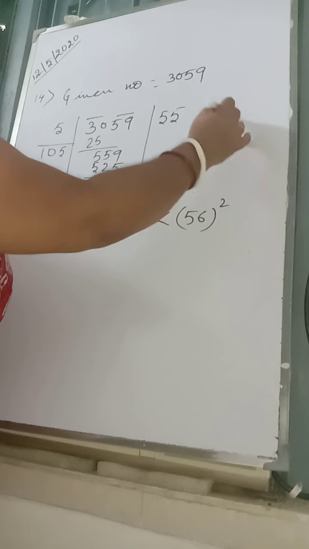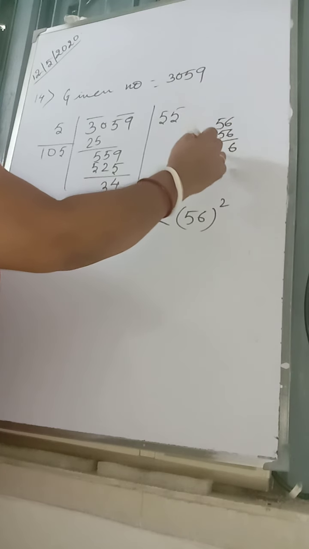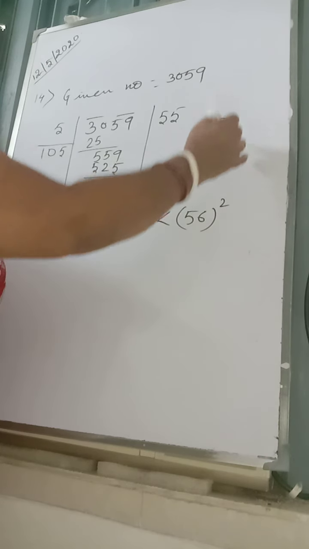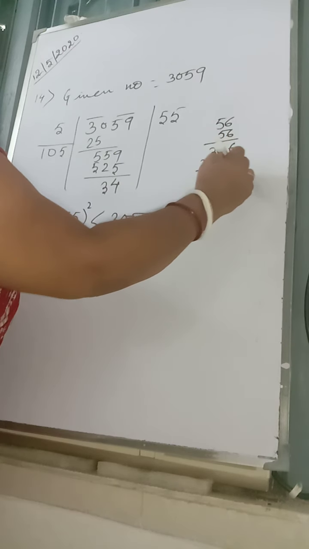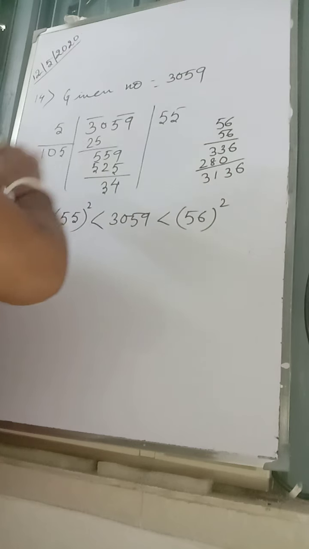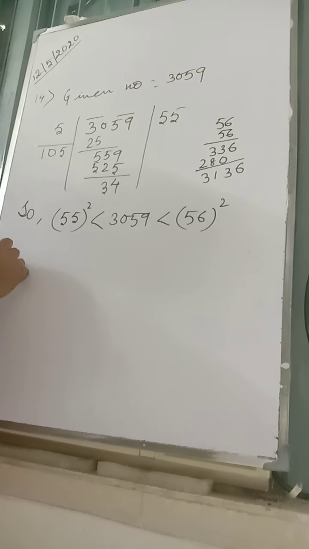56 into 56 gives you 6 6s are 36, 6 5s are 30 and 3, 33, 5 6s are 30, 5 5s are 25 and 3, 28, 3136.